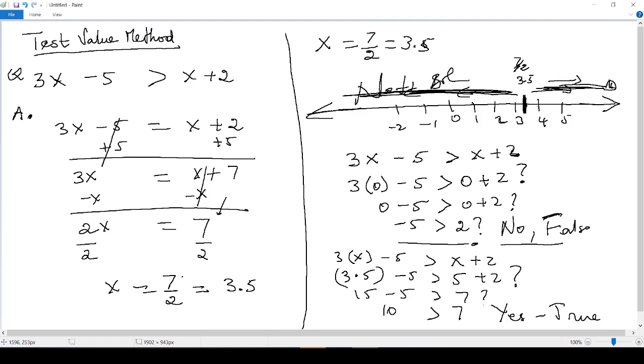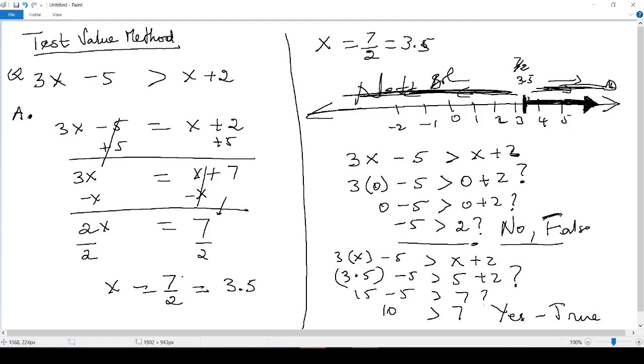And now I put my bold line indicating the solution with the arrow, because everything right there will be solution. And at 3, I put what? Bold dot or empty dot?